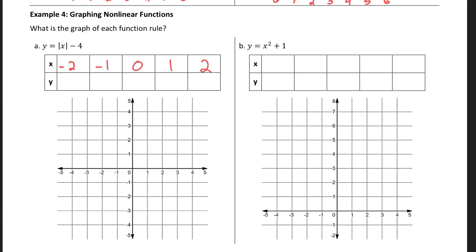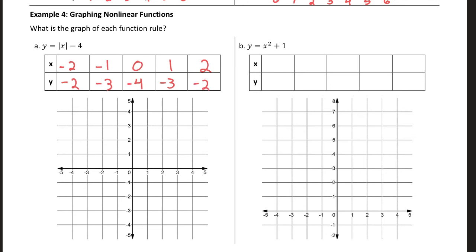The absolute value of -2 is 2. 2 minus 4 is -2. The absolute value of -1 is 1. 1 minus 4 is -3. The absolute value of 0 is 0, minus 4 is -4. Absolute value of 1 is 1, minus 4 is -3. Absolute value of 2 is 2, minus 4 is -2.